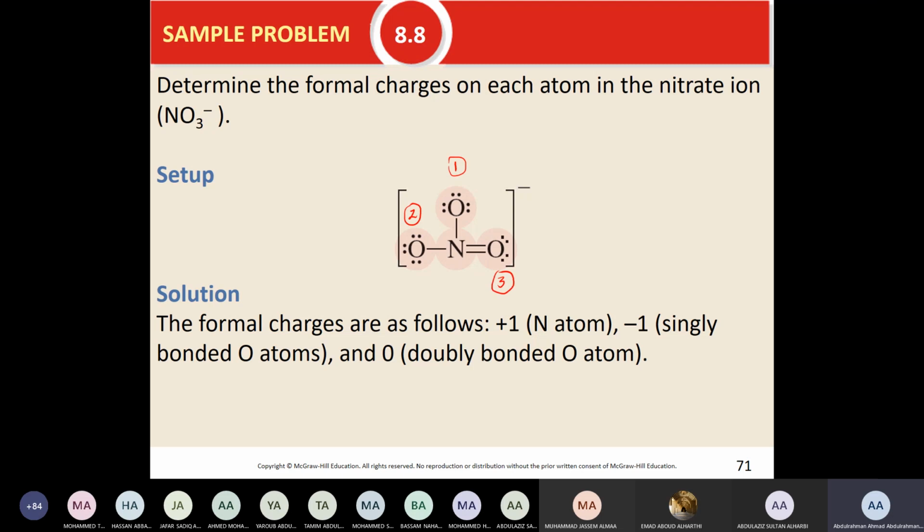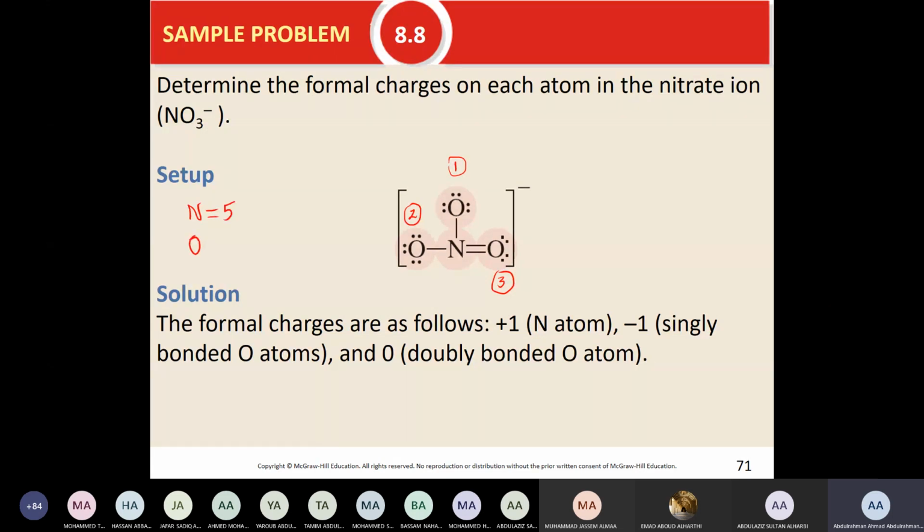What's the formal charge on nitrogen to start with? Nitrogen. What's the formal charge? 0? No, wrong. What was it to start with? What's the number of valence electrons of nitrogen? 5.